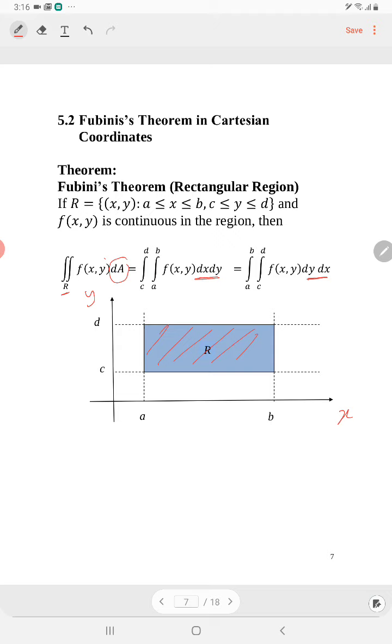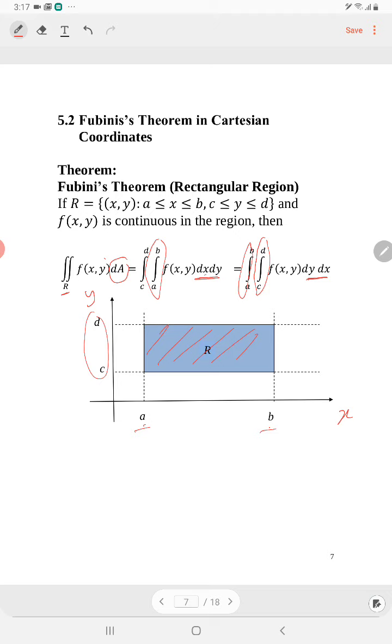If you integrate with respect to x first, then the limit for x would be from A to B, and the limit for y would be from C to D. You can also evaluate this by integrating with respect to y first and then x, but then the limits for the inner integration would be the limits for y, and the limits for the outer integration would be the limits for x.